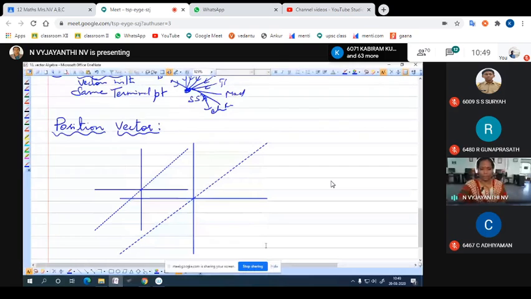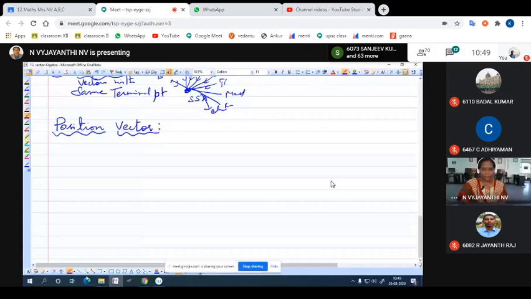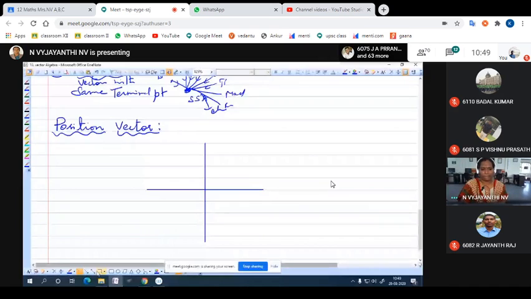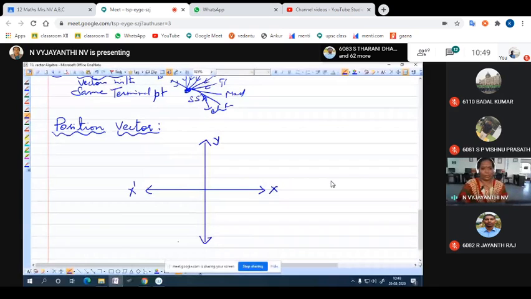So you are all thorough with two-dimensional geometry, isn't it? So we will have how many axes? X-axis, Y-axis, X dash, Y dash in 2D, isn't it?